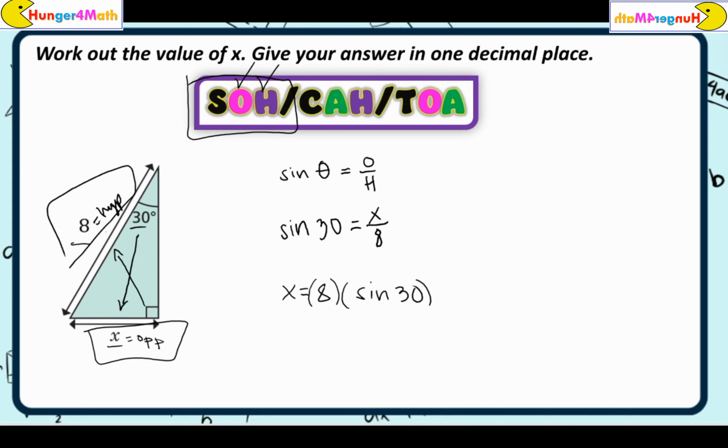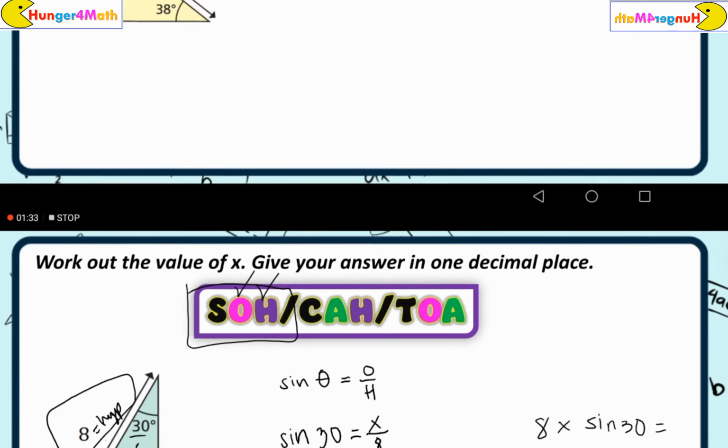Now using your calculator, press 8 times sine 30, then equal, that is 4. So the value of x is equal to 4.